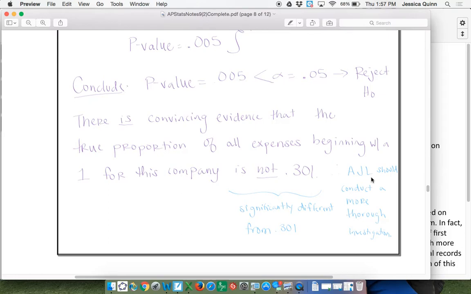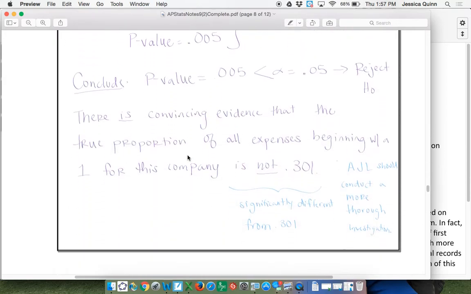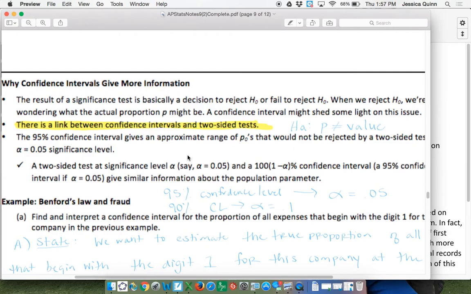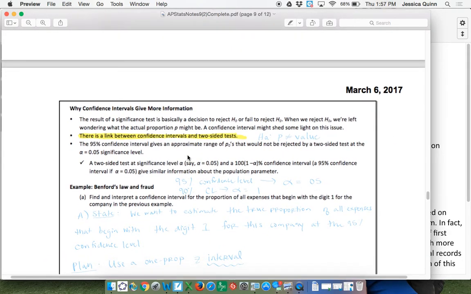So when you have something like this, a lot of times you get to the idea that, okay, it's not equal to this, but I need to know a little more information. Sometimes the results of your significance test are going to leave you wondering which direction the truth really lies.